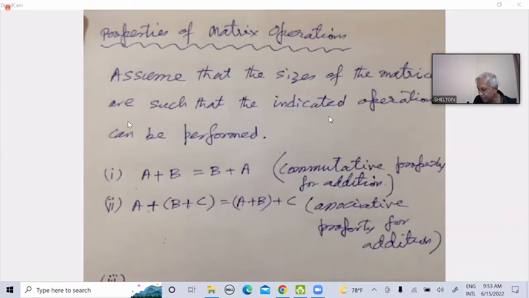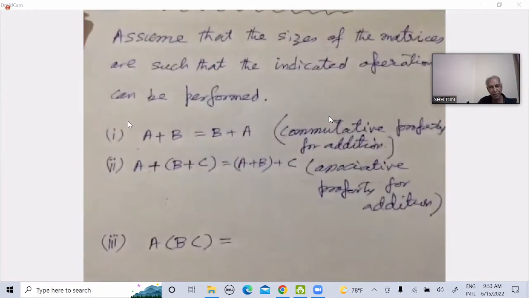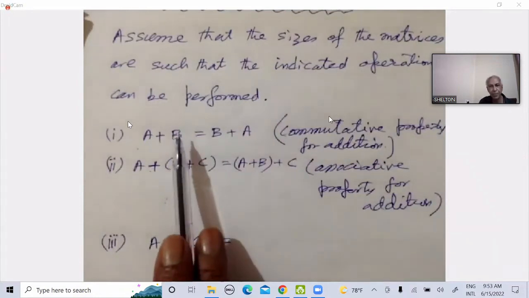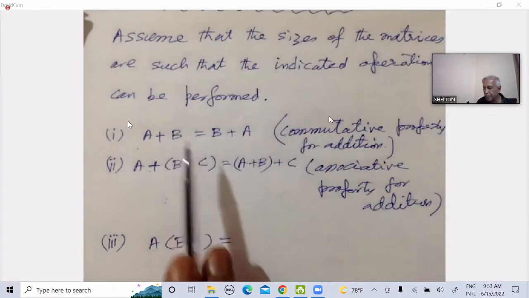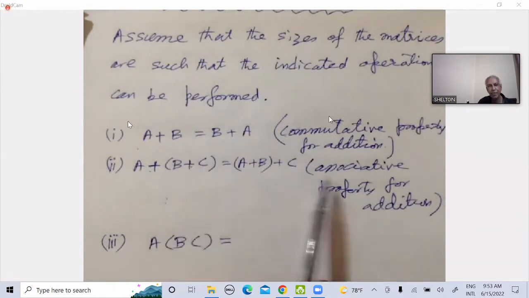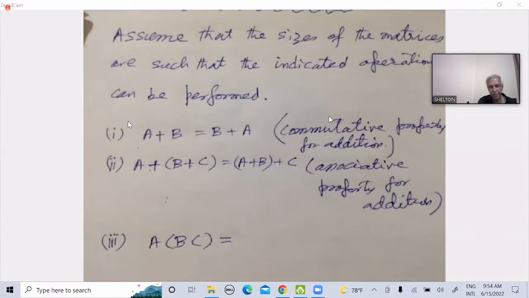Third property, A times BC is equal to, can somebody say? See, I mentioned the commutative property and associative property for addition. I purposely avoid the commutative property for multiplication because we know A times B need not be equal to B times A, which we showed with an example last time. So we cannot have it as a property.